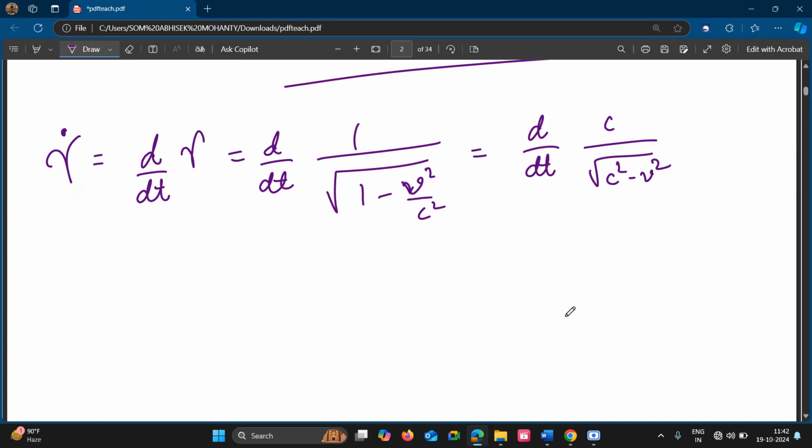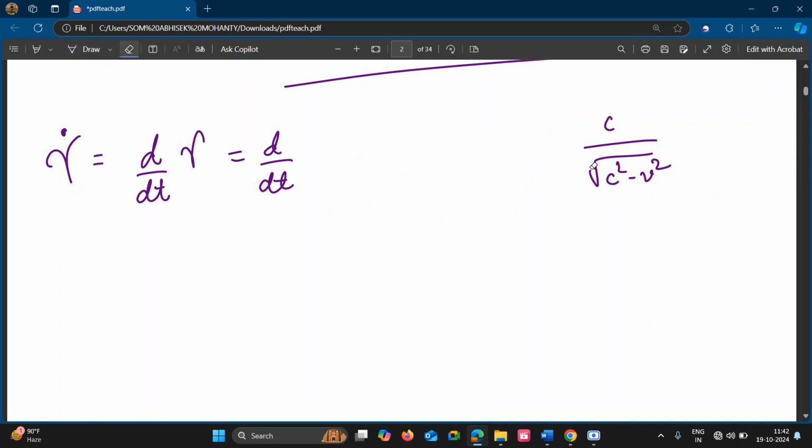Otherwise, we can do another way. Wait, this will get complicated. So we will do one thing.